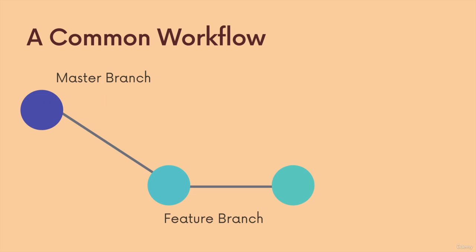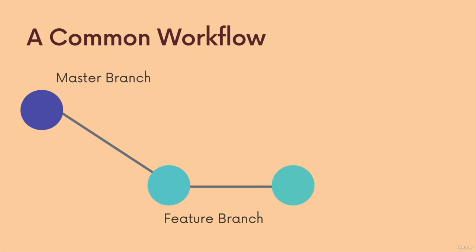But as I've said a couple of times, a really common workflow is to treat the master branch or the main branch or whatever you call it. Some people call it trunk. Whatever you call that branch, a lot of people treat it as the source of truth or the most stable build of an application where you don't want to screw anything up. You don't do any experiments on master.